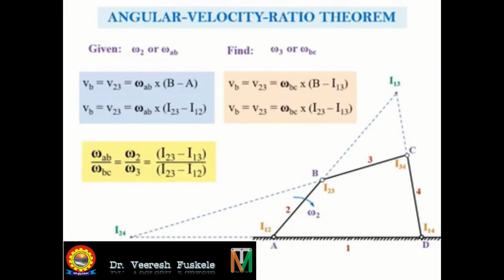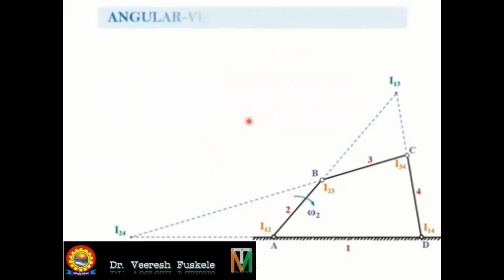Now to determine the output angular velocity omega 4 of link 4, we consider the point I24, which we have already located. Now I24 is a point whose velocity will be same whether we consider it to be a point on body 2 or on body 4.